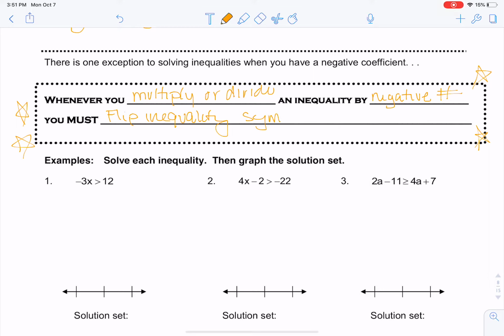Okay, that's just a special rule when we have these inequalities. So if your original inequality symbol was greater than, but somewhere along the line you multiply or divide by a negative number in that problem, this has to change to less than. Okay, so bells and whistles, unicorns should be flying anytime you multiply or divide by a negative number. So that's what we're going to be careful of today.